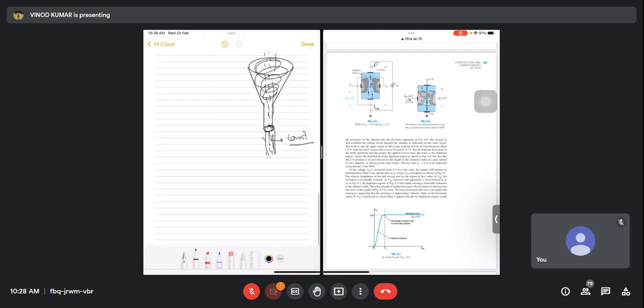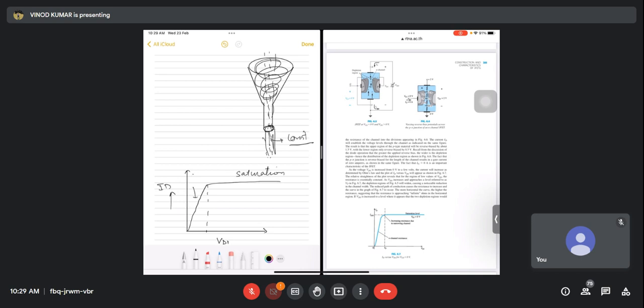That's why characteristics, if you see here in the right side, at VGS is 0, this is current ID and this is saturation.